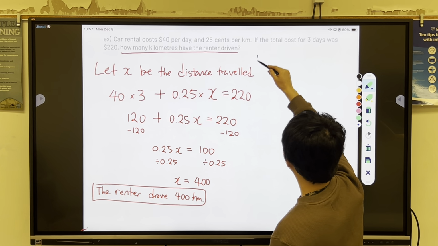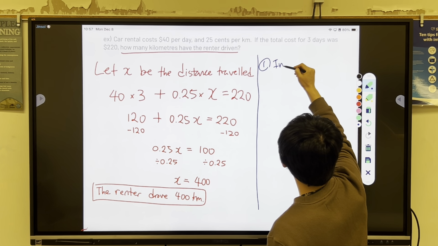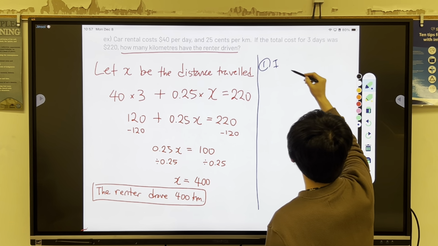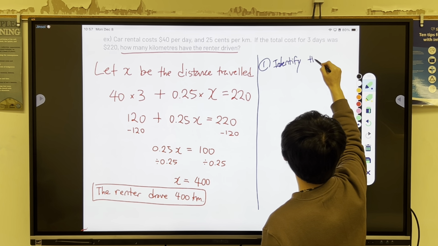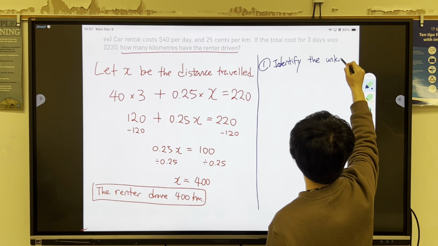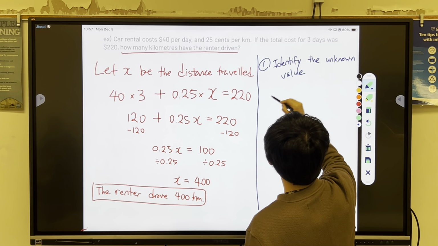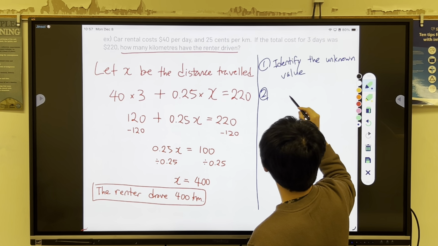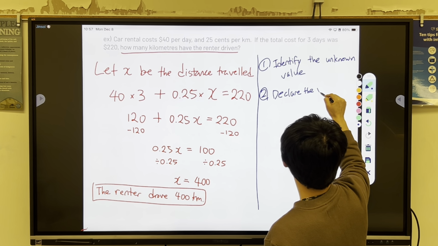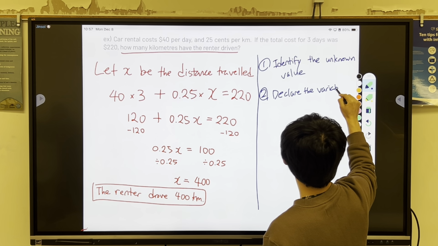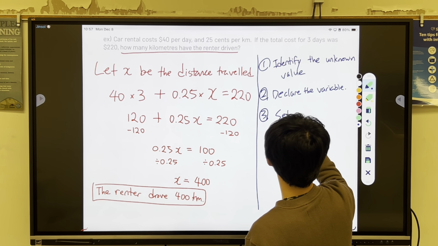Once again, let's annotate the process here. The first step was to identify the unknown value. The second step was to declare the variable. The third step is to set up the equation.